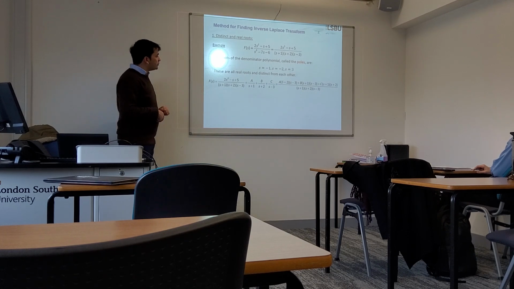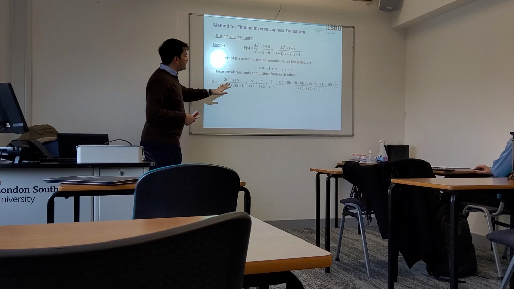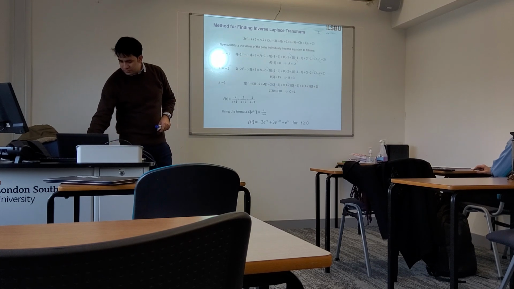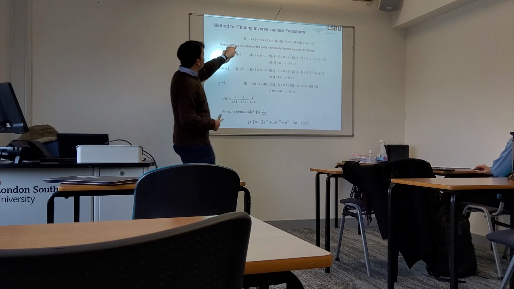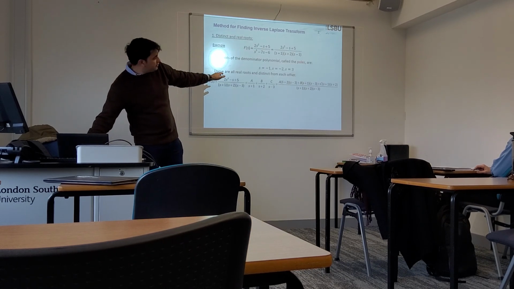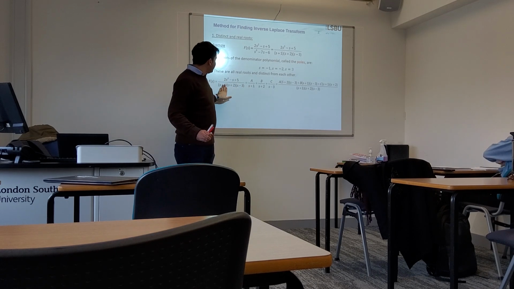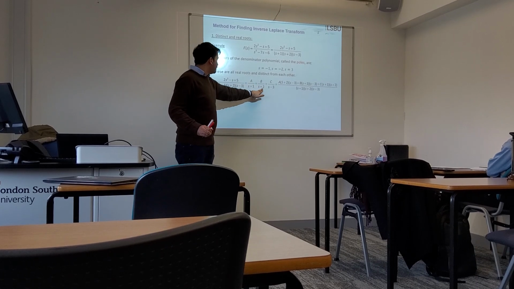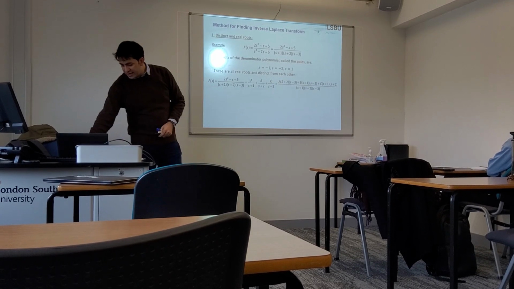And for distinct roots, we said that we simply multiply this term across, and finally you get something like this. So in the very first term, when you multiply, s plus 1 would be cancelled and you are left with these two. Similarly here, s plus 2 cancels, and so on.